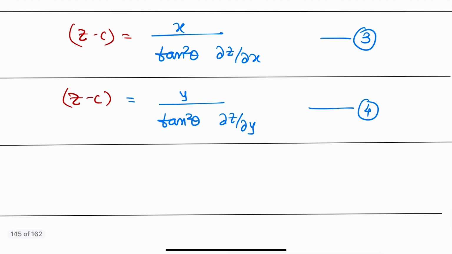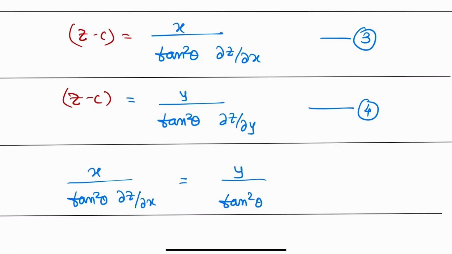So equating the RHS we get x by tan square theta dou z by dou x equals y by tan square theta dou z by dou y. Here tan square theta gets cancelled out.